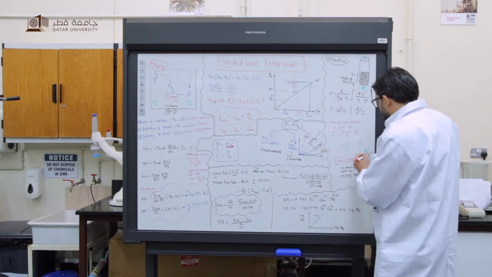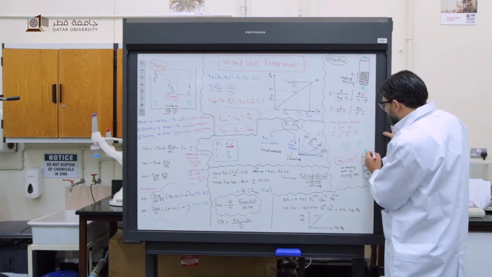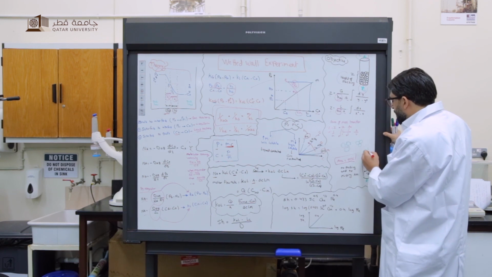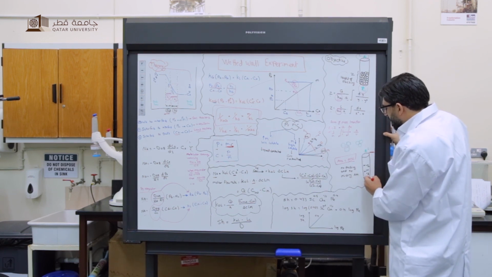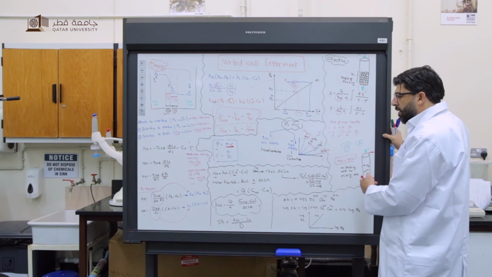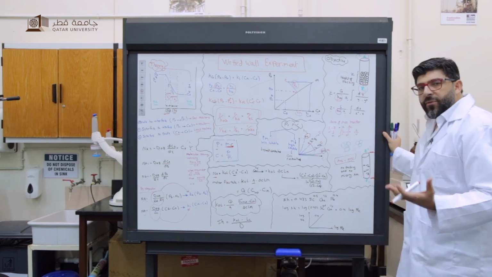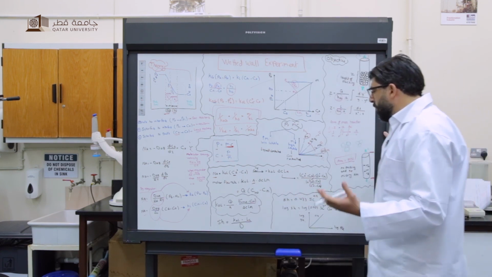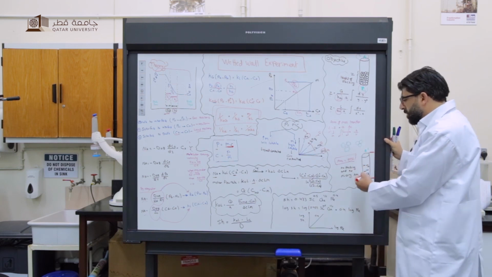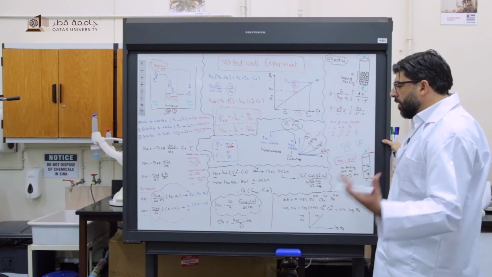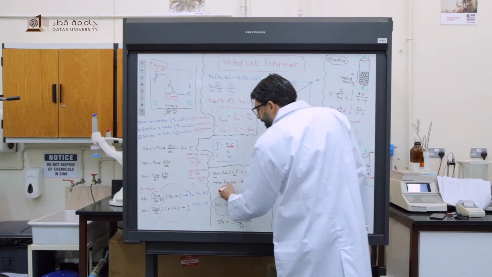Experimentally, if I have something that measures the dissolved oxygen at the top and something to measure the dissolved oxygen out of the column, and I know the flow rate of the water from the top to the bottom, I can also calculate the molar flow rate.